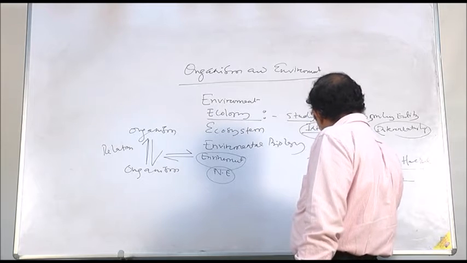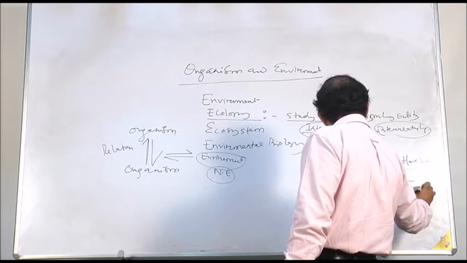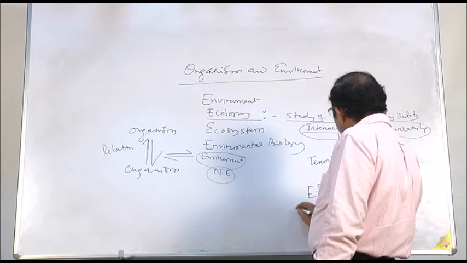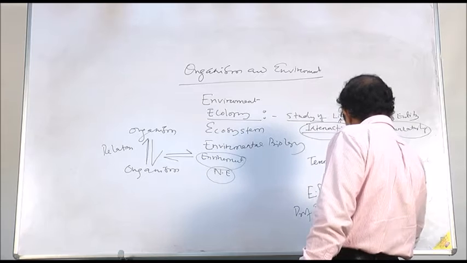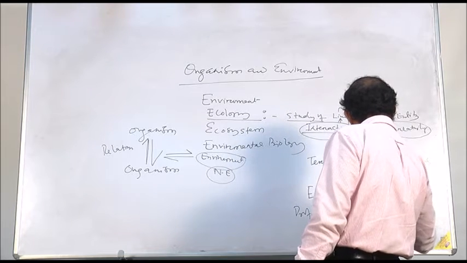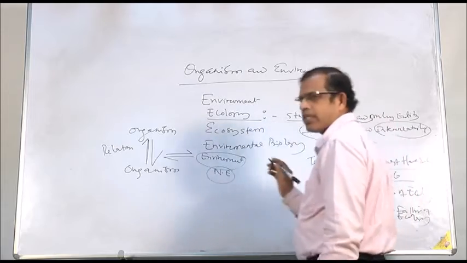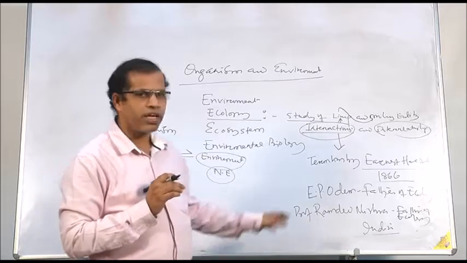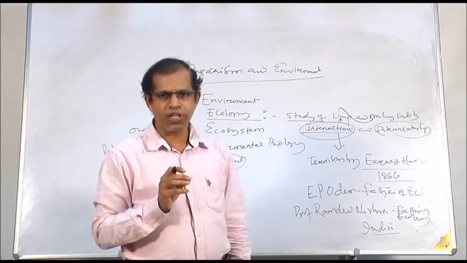For the Indian context, Professor Ramdev Mishra is the father of ecology in India. So these three scientists, Ernest Haeckel, E.P. Odum and Ramdev Mishra, are famous for this branch of science because they have given a lot of contribution to this field of ecology.